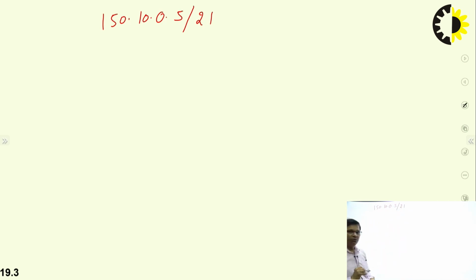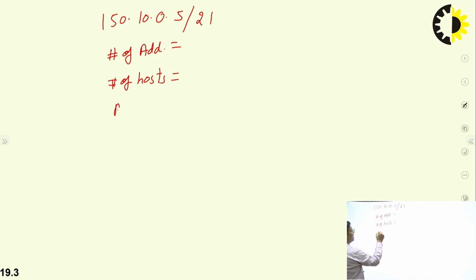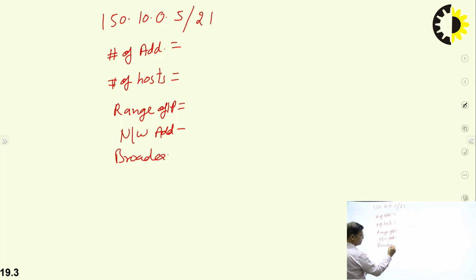So the question is: how many hosts, how many addresses, the range of IP addresses, the network address, the broadcast address, and also the subnet mask. So all these we can find from the given IP address.